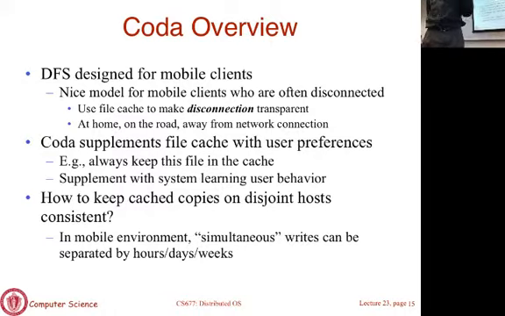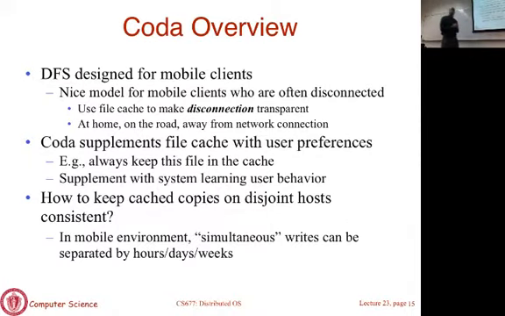Some of this code actually made its way into Linux and so on. But Coda at least is not as widely used a file system as NFS. NFS is very widely used. It's seen practically in every environment that has any Unix or Linux machines. You'll see NFS being used. Coda is actually used in very selective cases, but it had some interesting ideas, and this is why we want to look at it.